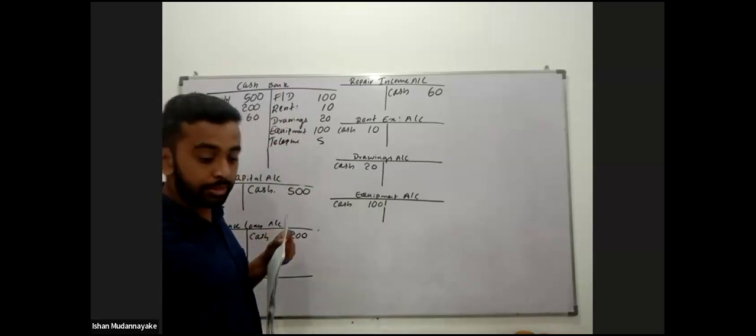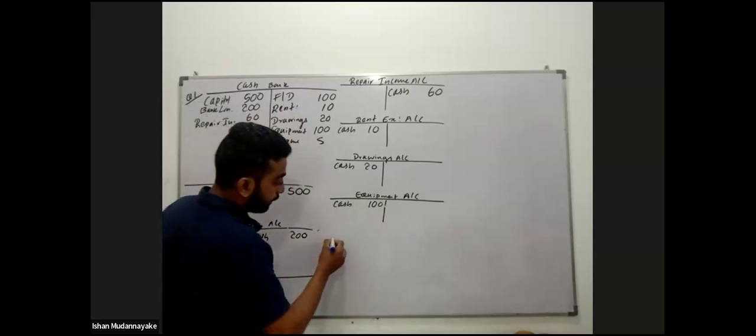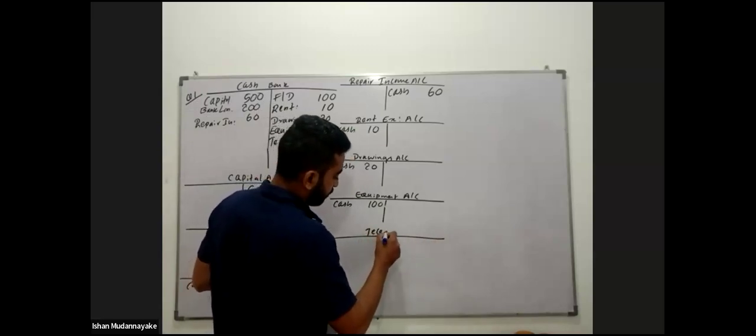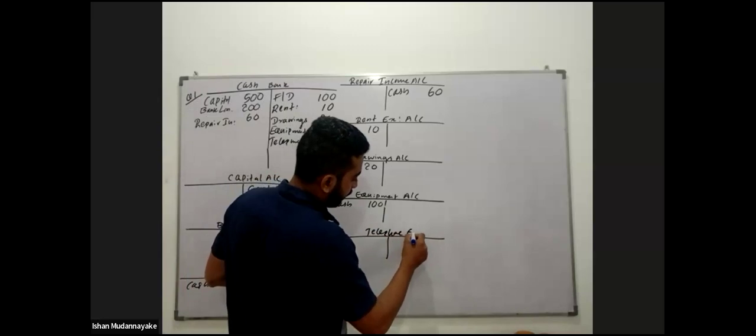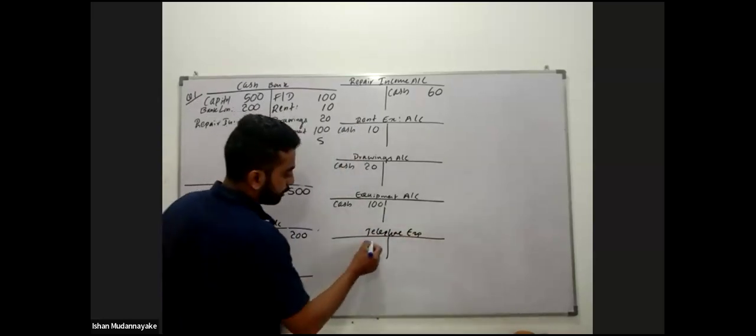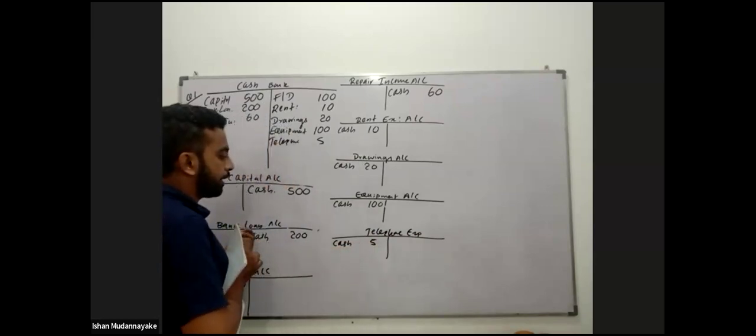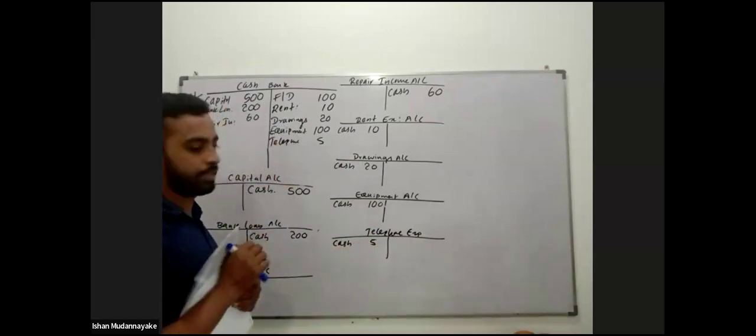Telephone expenses, and then telephone expense account debit 5,000 cash. Cash book credit, telephone expense account debit.